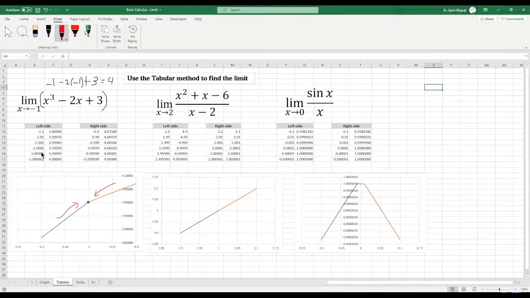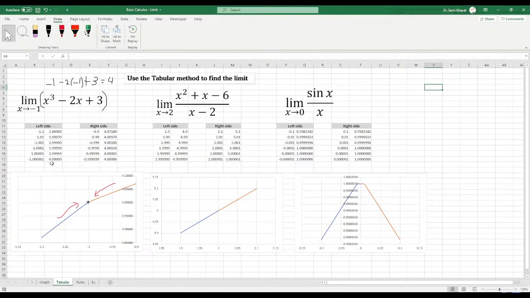And then I will go slowly until I approach negative 1. I will not go to negative 1, but I will try to go very near to negative 1 from this direction. You can see here, each time I get nearer to negative 1, I'm approaching 4. This one, if I make it bigger, will maybe be 3.999999999, something like that.